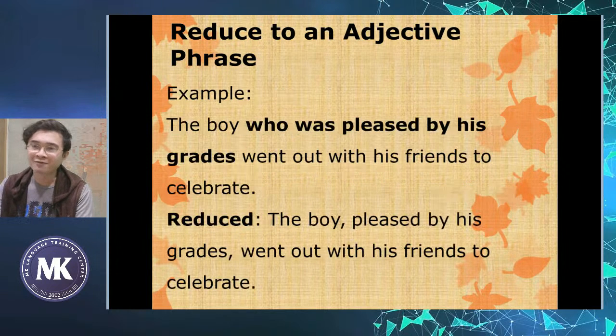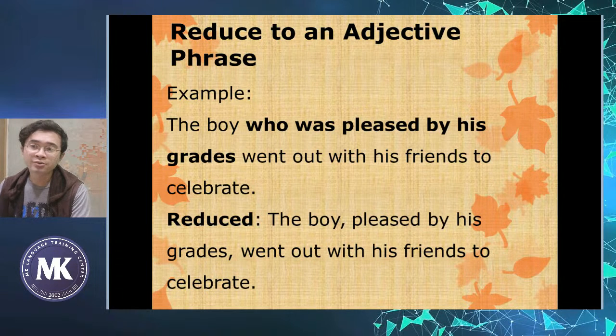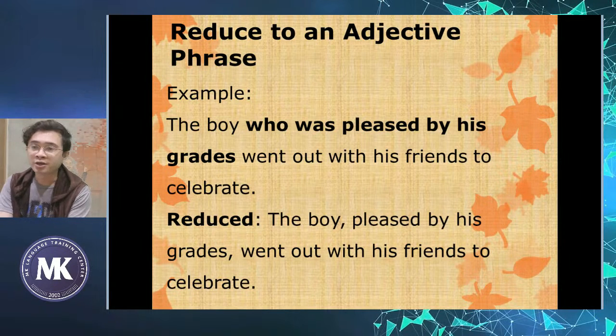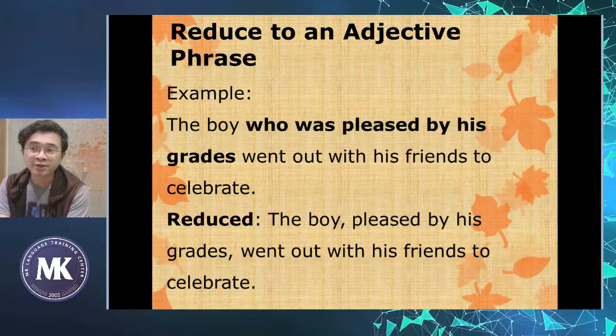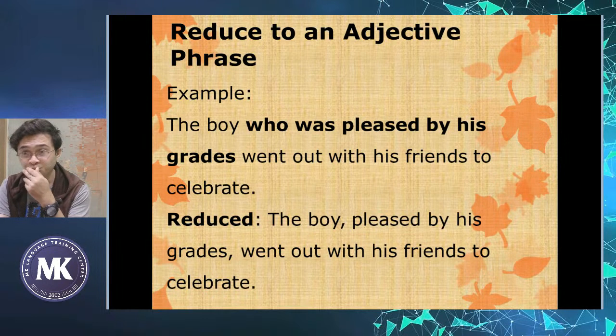Okay, for example, the sentence: the boy who was pleased by his grades went out with his friends to celebrate. Now in this sentence, our clause is who was pleased by his grades. Remember, for our adjective phrase, we first remove the relative pronoun, which is who, and then the be verb, which is was.